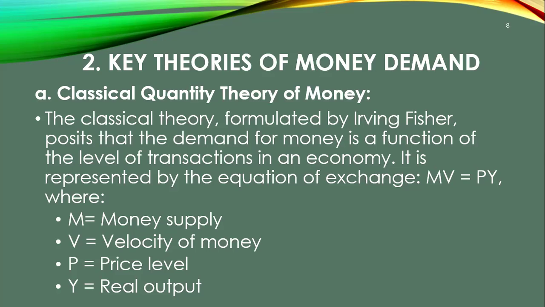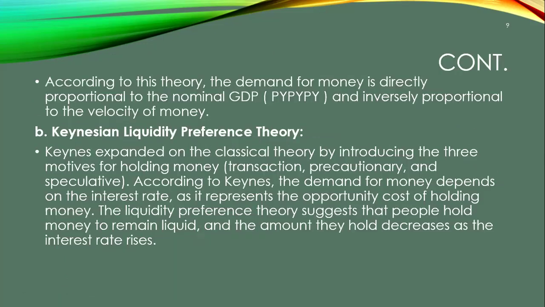So some of the theories tend to explain the relationship, how we tend to look at this, okay? According to this theory, demand for money is directly proportional to the GDP and inversely proportional to the velocity of money.